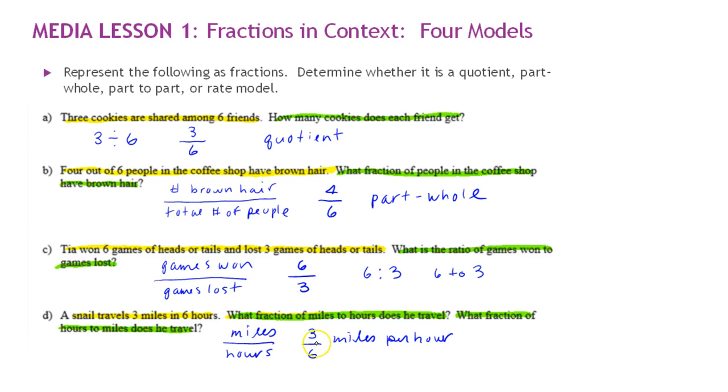So you may know, it's okay if you don't, but 3/6 is the same as 1/2. So that means this snail is going 1/2 mile every hour. Okay. Now let's look at the fraction of hours to miles.